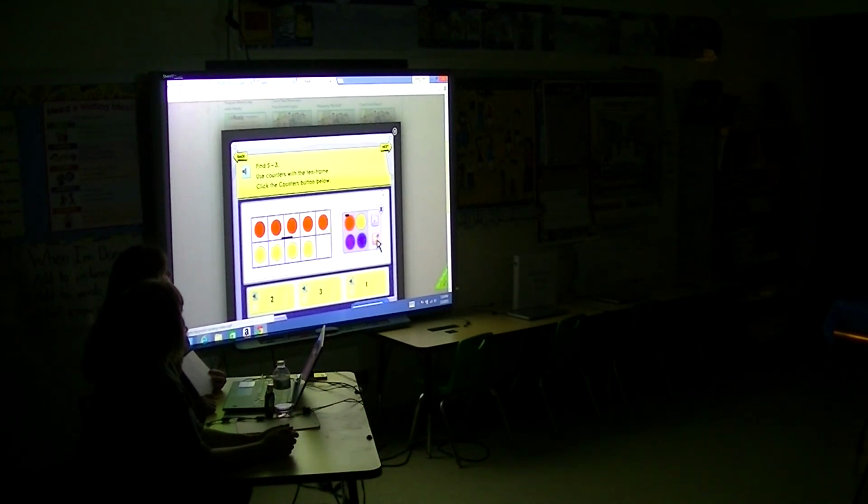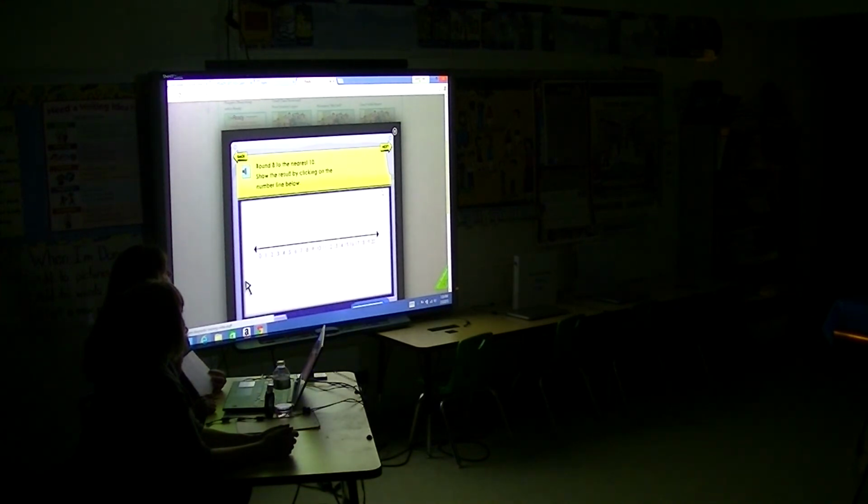Click this eraser icon to undo your last move, or click here to start over. The test might ask you to plot a point on a number line. Click anywhere on the number line to place the point. Click it again if you need to remove it. When you are happy with your selection, click the Done button.